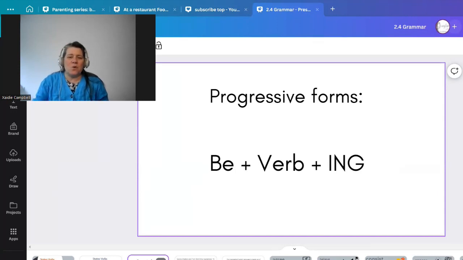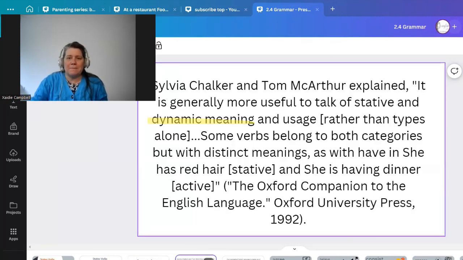A progressive form has the be verb and it has the verb and then an ing on the end of it. If it doesn't have all three parts, the be, the verb, and the ing, it's not a progressive verb. Even if it has an ing, you think you're looking at a verb, it's not a verb unless there is the helper verb be with it. Okay, that's an important piece to say.